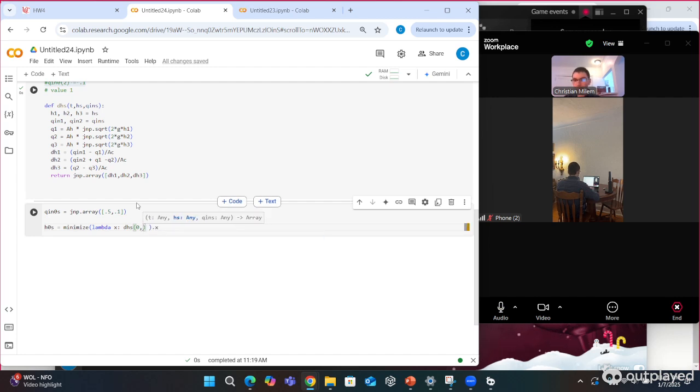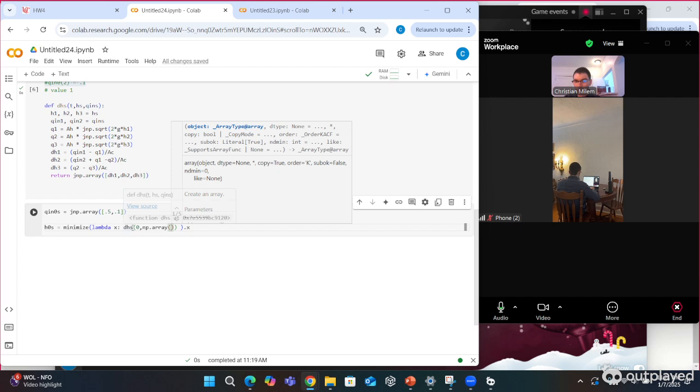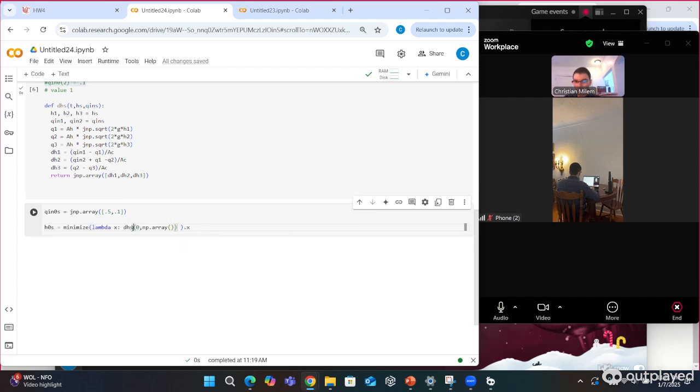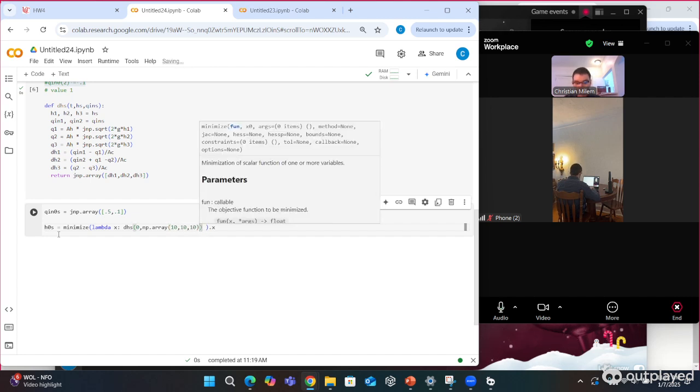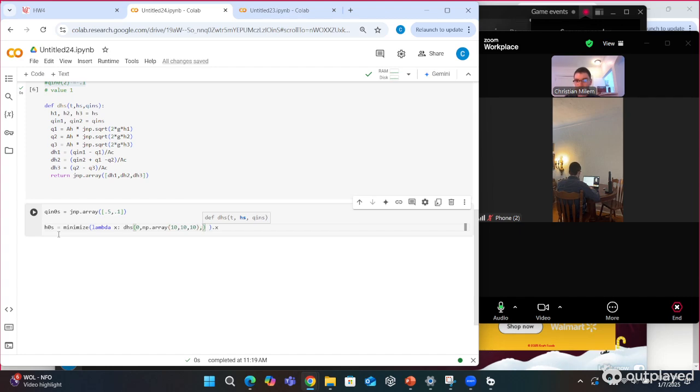We need an initial guess for our height, so we're just going to guess 10 for all of them, and then an initial guess for Q, which is going to be Q naughts.